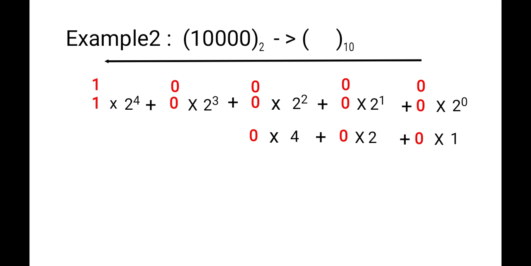So 4 is coming. Put the plus sign. Now this binary digit will multiply by 2's power 3, 2 multiply 2 multiply 2, 2 2's are 4, 4 2's are 8.